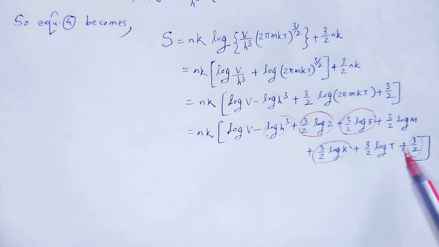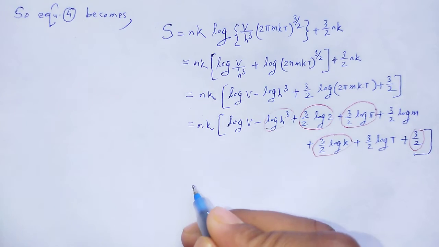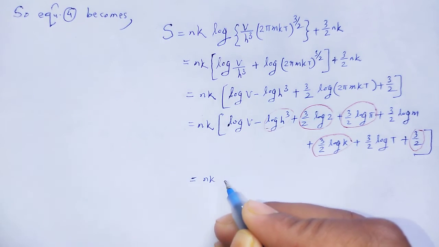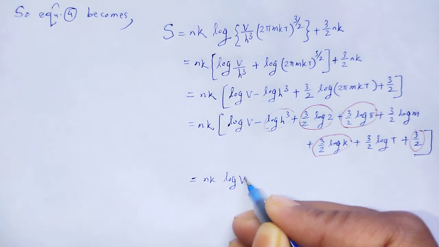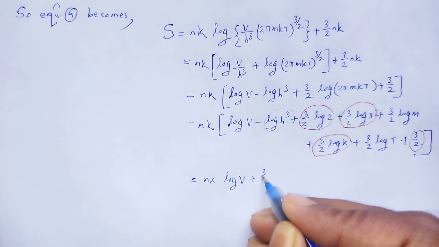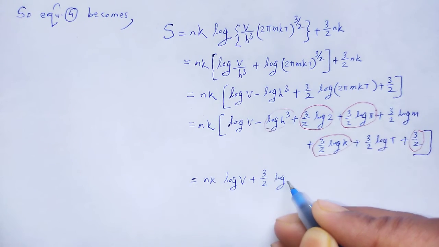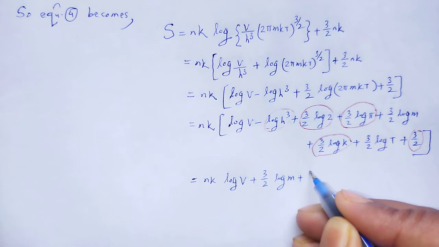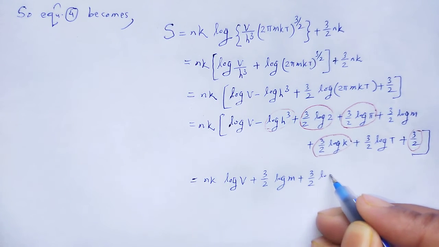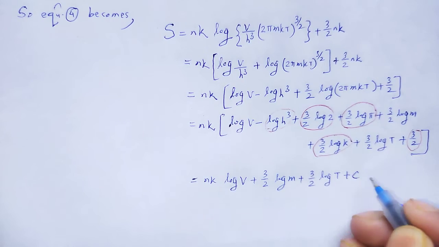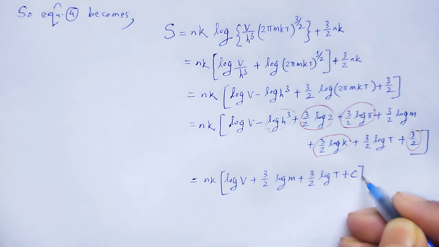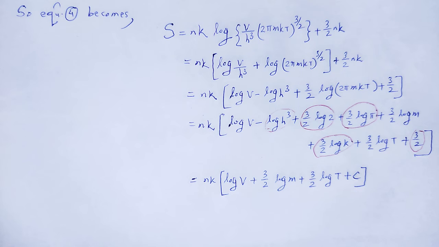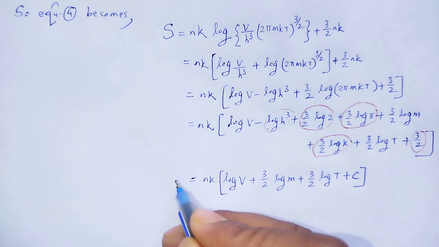By combining all these constants, we can simply write one constant. So it will be Nk log V plus 3 by 2 log m plus 3 by 2 log T plus C. One constant, we use instead of that entire constants.